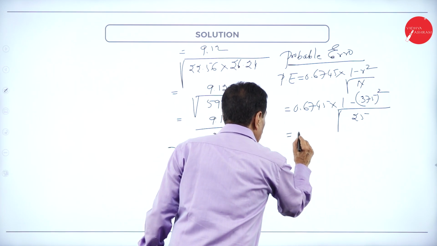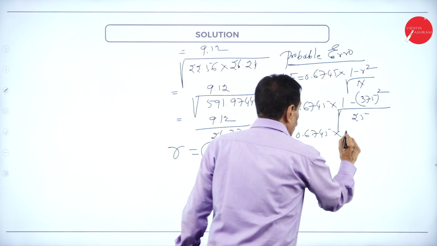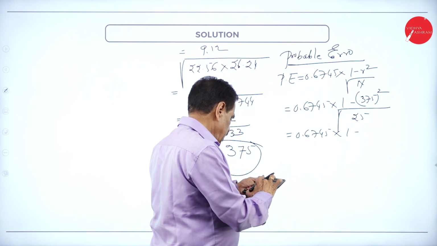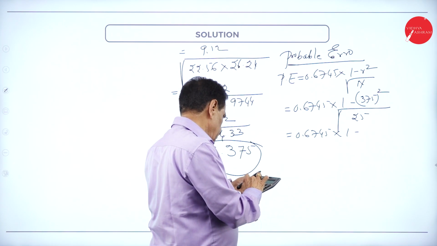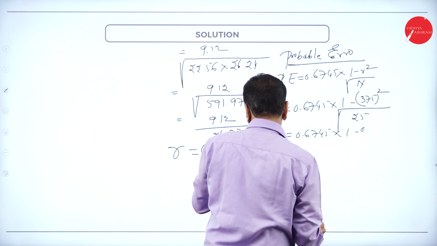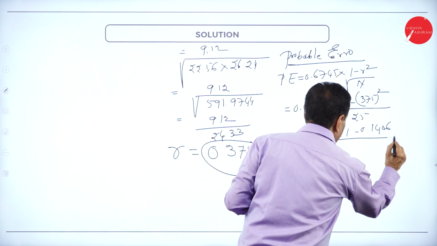So 0.6745 into 1 minus 0.375 into 0.375, which is 0.1406, divided by 5.